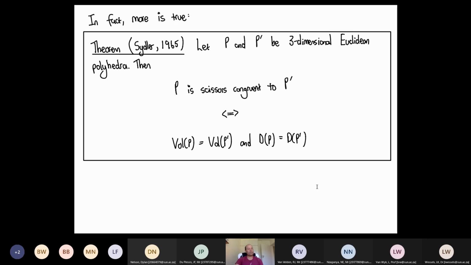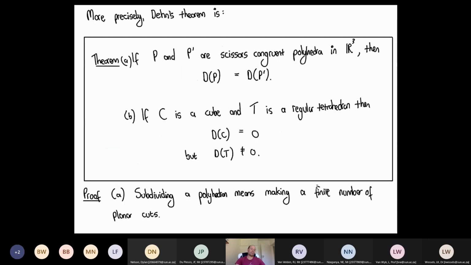And how is there no contradiction with that counterexample? It's not a contradiction, because in this example the Dehn invariants were not the same. All I'm saying is that if the Dehn invariants are the same and the volumes are the same, then they will be scissors congruent. But here the Dehn invariants are not the same. Oh, okay. Now I understand.